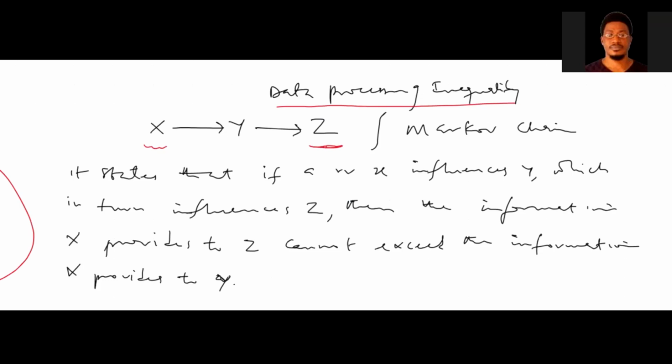The idea is that we have X transmitted to Y, and then this goes to another source, Z. So the question that arises is how much information about X can we learn from Z? That is a fundamental challenge. This forms an integral part of your security systems and so many other activities as far as data processing is concerned. So this leads us to what we call the data processing inequality.